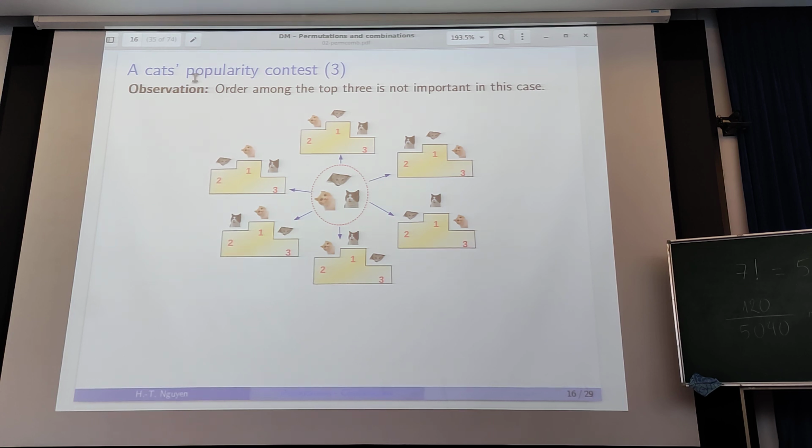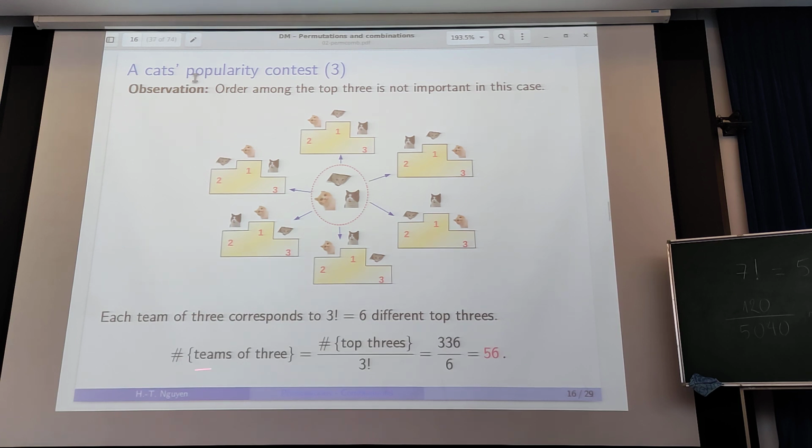So we can use the division rule here to find that the number of teams is equal to the number of top 3s divided by the factor of repetition. Since you can mix up the order of these 3 cats, you get 6 repetitions.